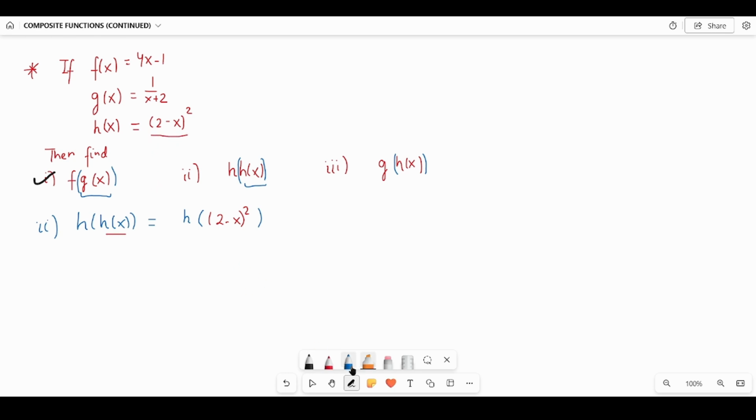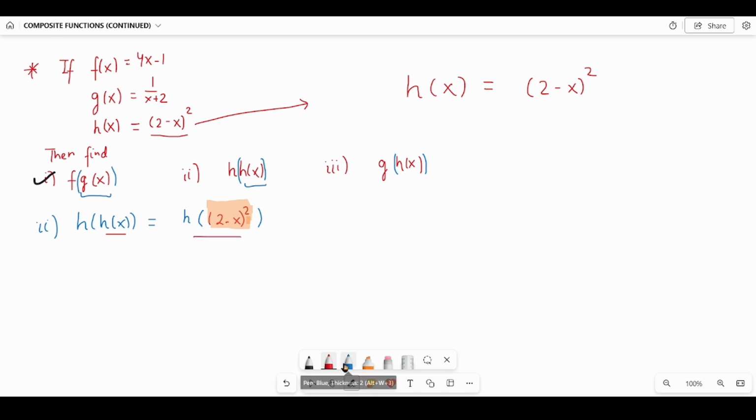So now how to find the value of this function? So in this function you can see that the desired input is 2 minus x whole squared. So to find the value of this function, first of all I will write it here. So we have h of x equals 2 minus x whole squared.